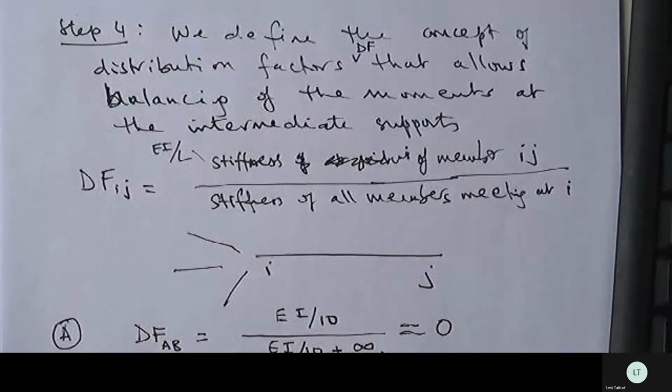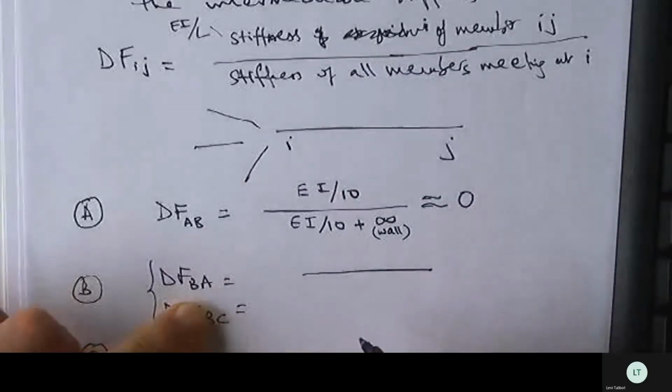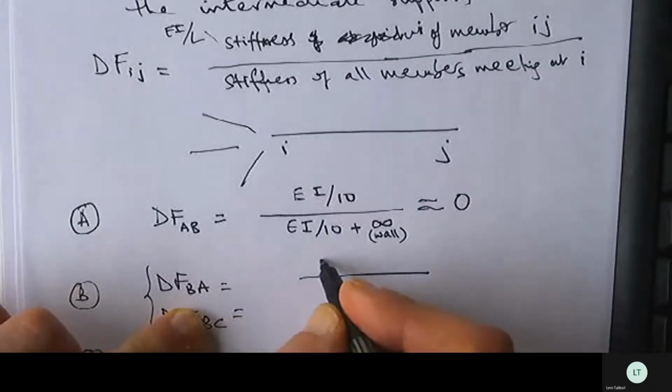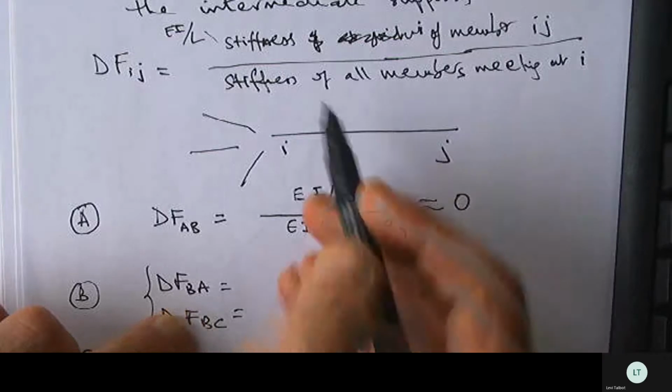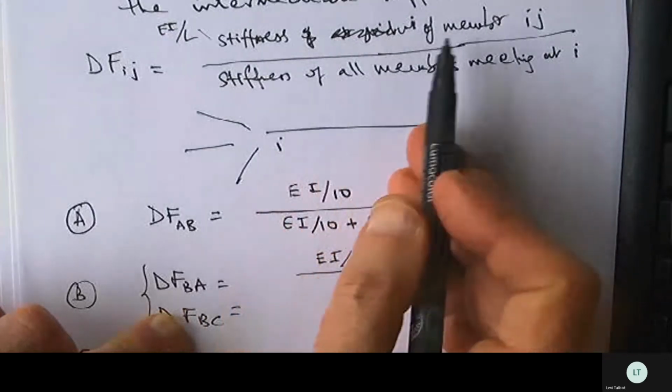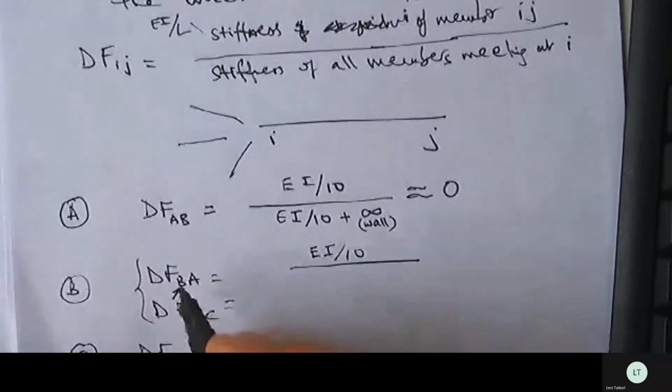Now let's do it for BA. What is the stiffness of BA? Look at the figure. EI over 10, divided by the stiffness of all members meeting at B, first subscript.